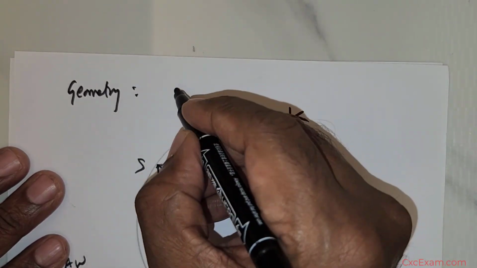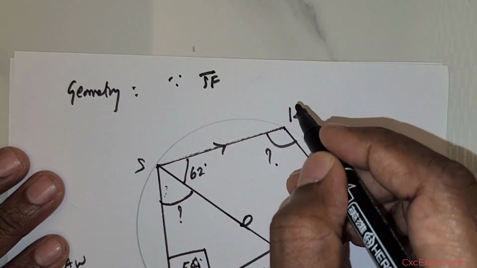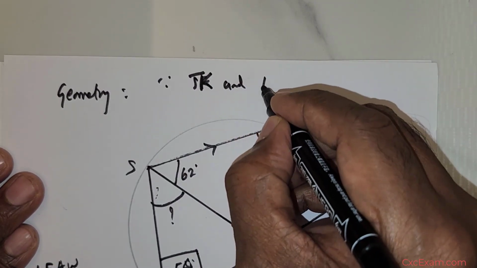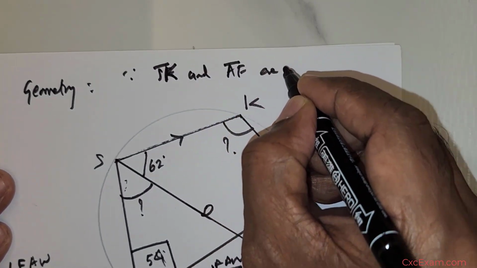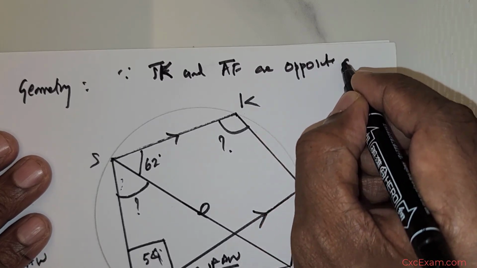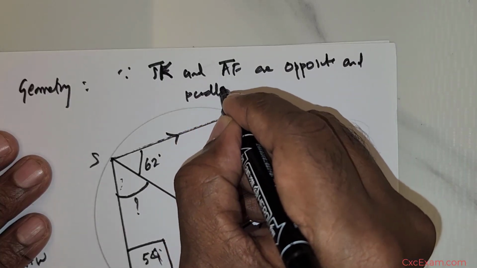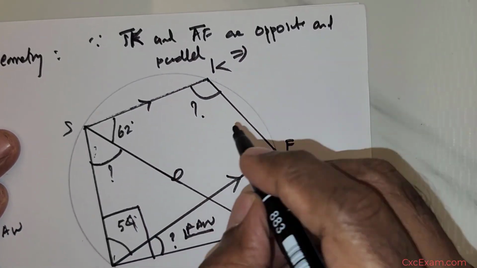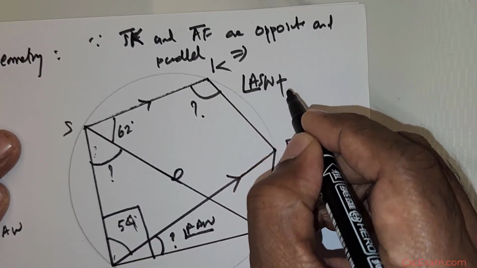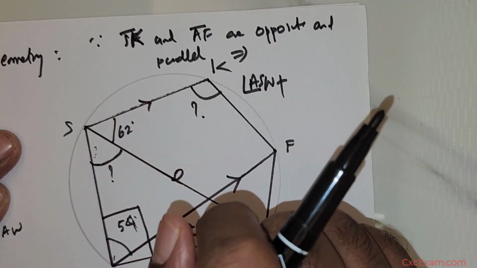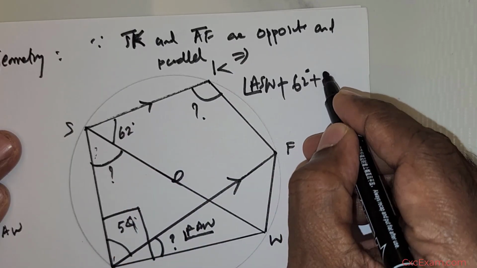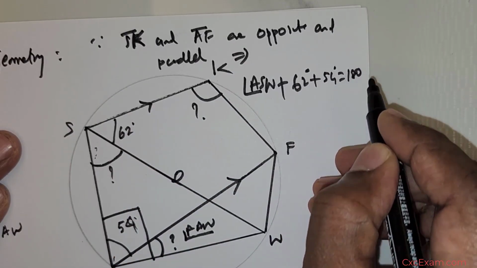So I'm going to state that since SK and AF are opposite and parallel, this would mean angle ASW plus 62 plus this angle 54 will be equal to 180.